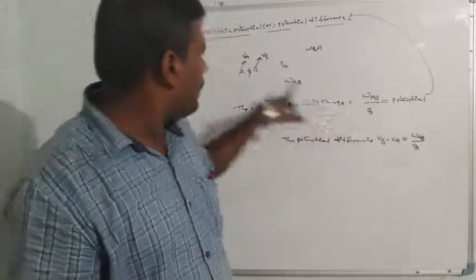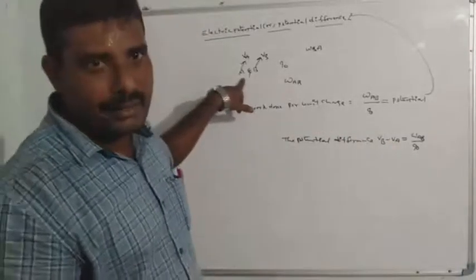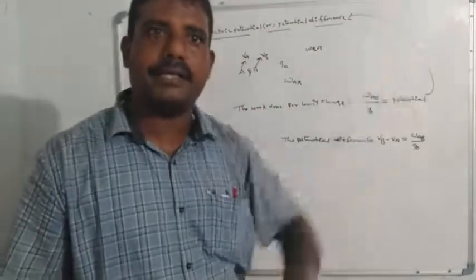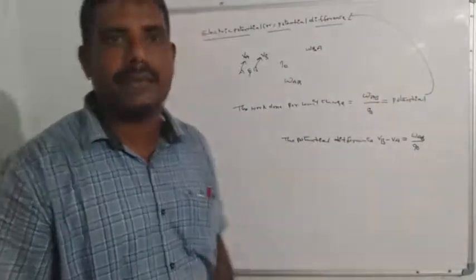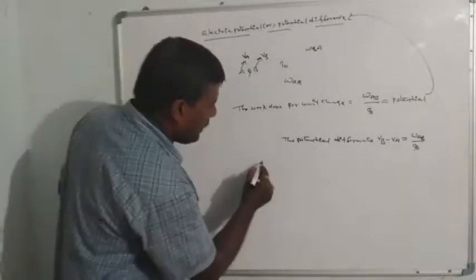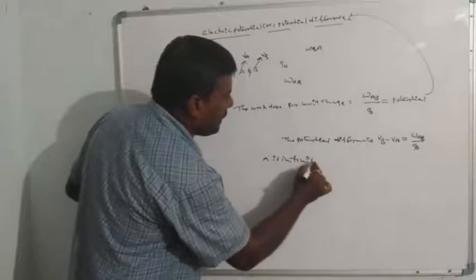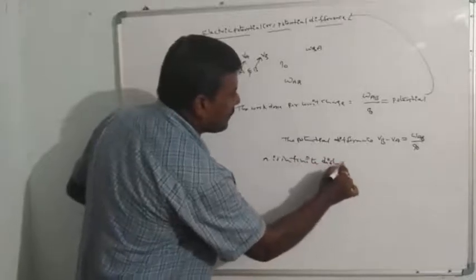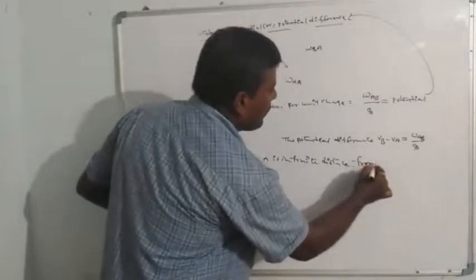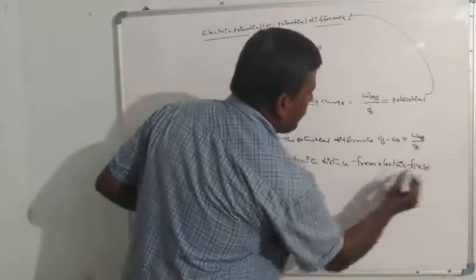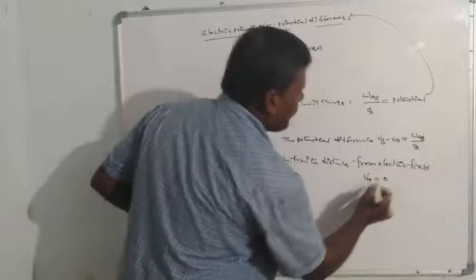If the point A is located at infinite distance from the electric field, then VA equals 0.